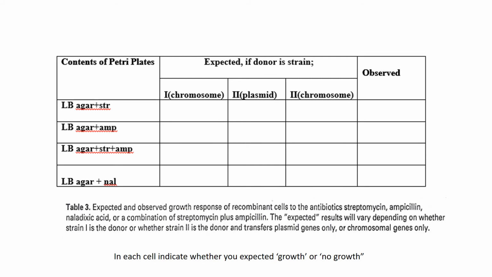For example, using strain 1 chromosome as the donor, if strain 1 transferred the genes on its chromosome to strain 2 during conjugation, and as you'll recall, strain 1 has the resistant gene to strep, then this would mean that the new recombinant bacteria will therefore be resistant to strep, amp, and null. Therefore, if this is the case, we'll expect to see growth on all 4 plates.